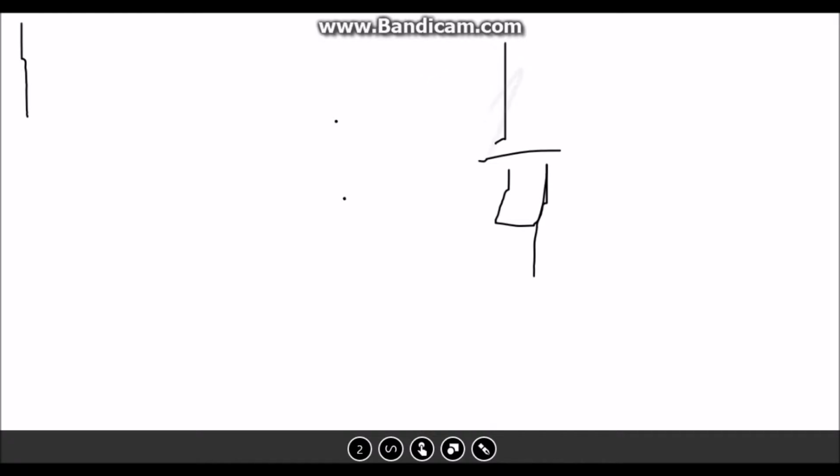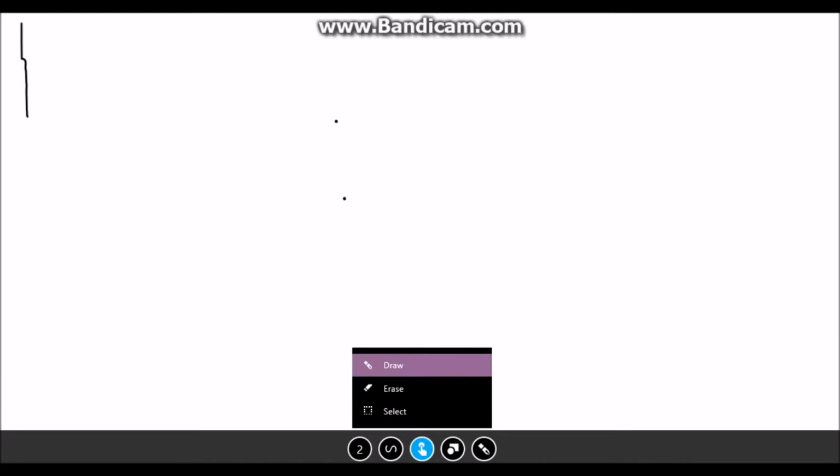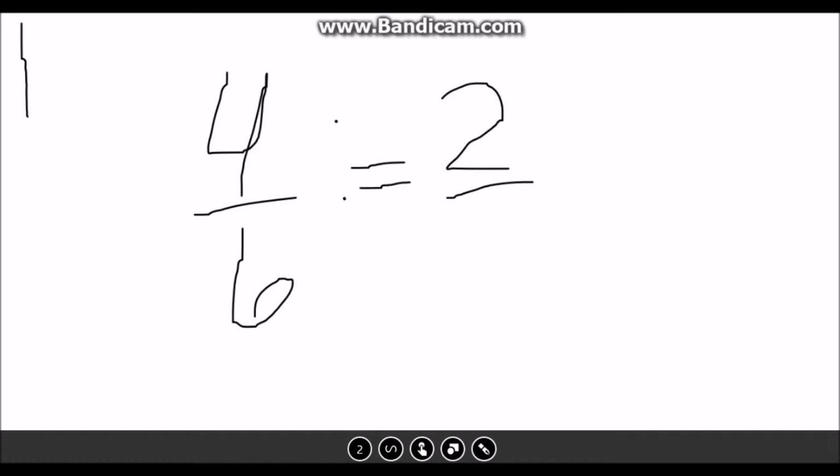And our second question is, can we reduce 4 over 6? And the answer is, yes we can. They can also both be divided by 2. And so this fraction simplifies to 2 over 3.